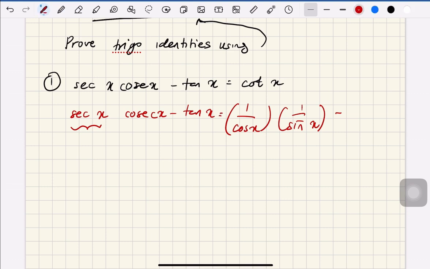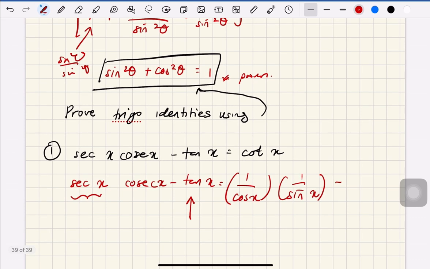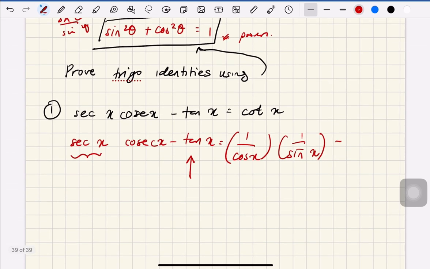Why? Make this a habit, so that when you see tangent, you always change it to sine and cosine. Because our basic identity earlier, does it have tangent? Don't have, right? You only have sine and cosine. So change it into that. So tangent x becomes sine x over cos x.